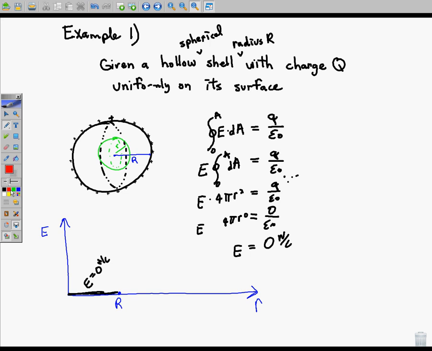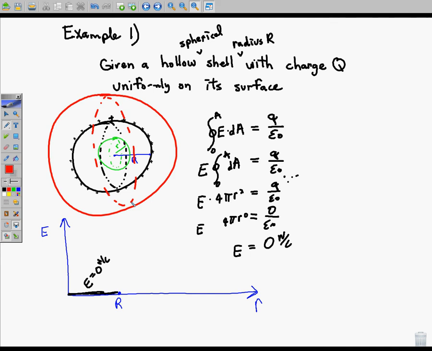Now, what if we choose our Gaussian surface out here? Very simply, Gauss's law says the amount of flux going through this imaginary closed surface that we just drew is equal to the amount of charge inside.